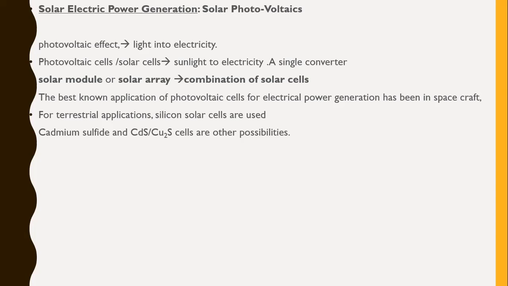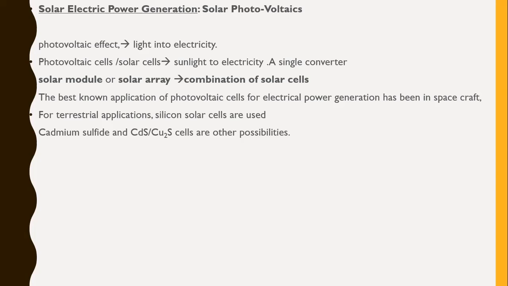Efficiency is the power developed per unit area of the array divided by the solar energy flux in free space, which is 1.353 kilowatts per square meter.